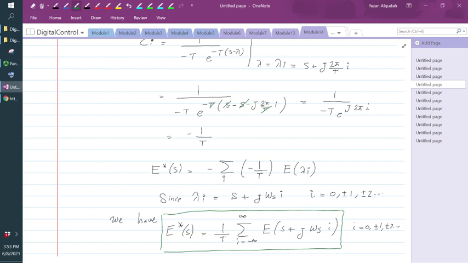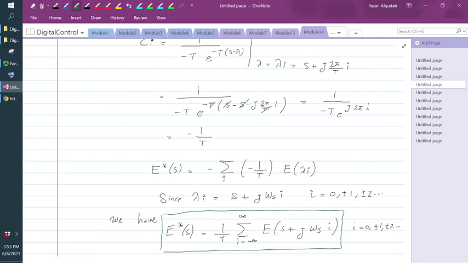Again, we did not go into too much detail. At the same time, we did not just write the expressions for E star of S. I think the book just writes the results of all this without doing any derivation. So we try to go a middle way between going into too much detail and just writing the expressions without any background as to where they came from. Okay.